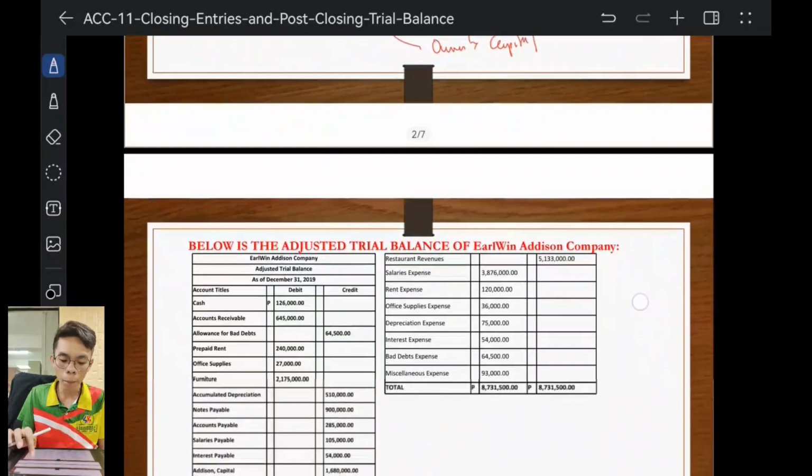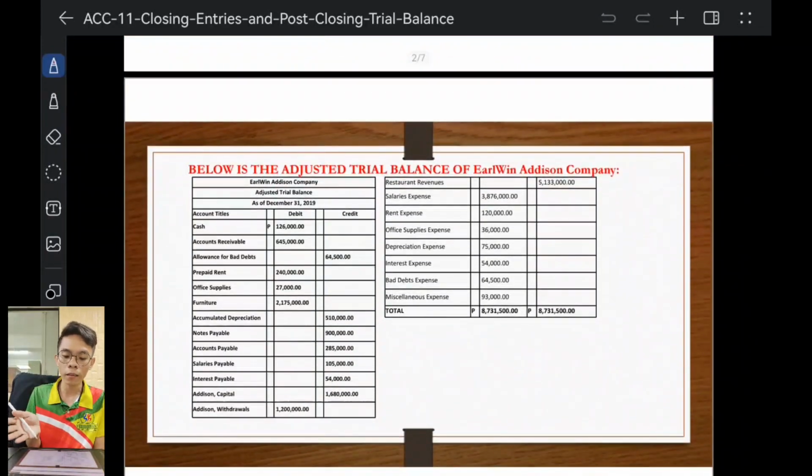Just for example, we are given an adjusted trial balance of Erwin Addison Company. This is the adjusted trial balance of the company. We can see the assets, liabilities, the expenses, the income, and the withdrawals of the owner. So how do we do the closing entries?